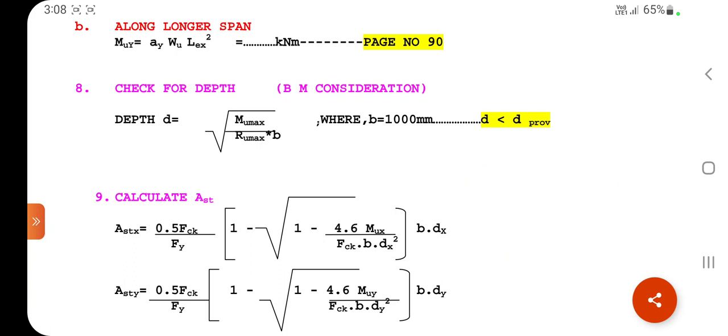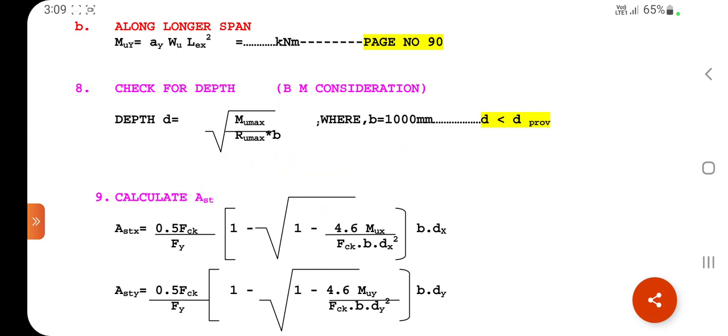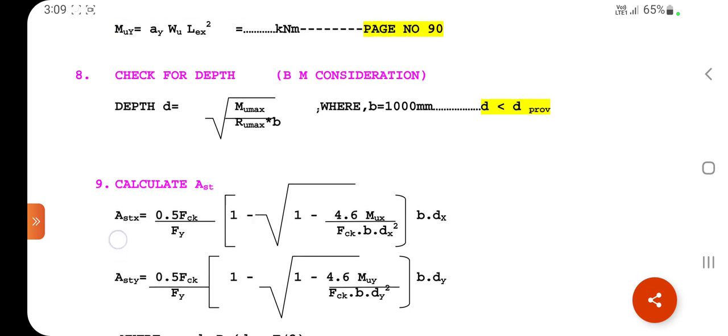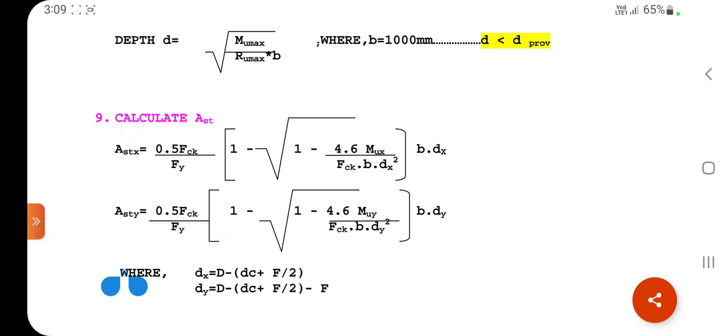Here this d is also called d required. After giving this check, we calculate the Ast of the section.